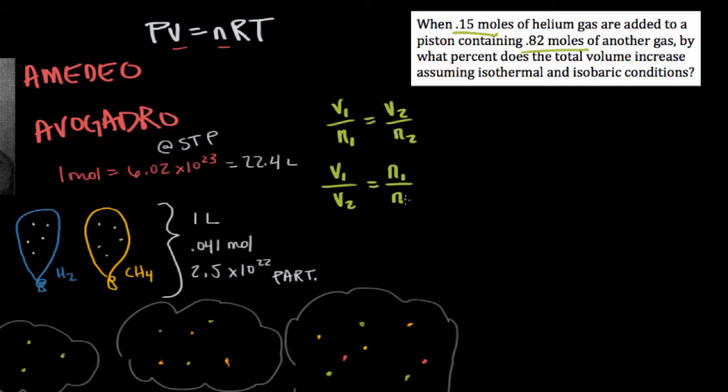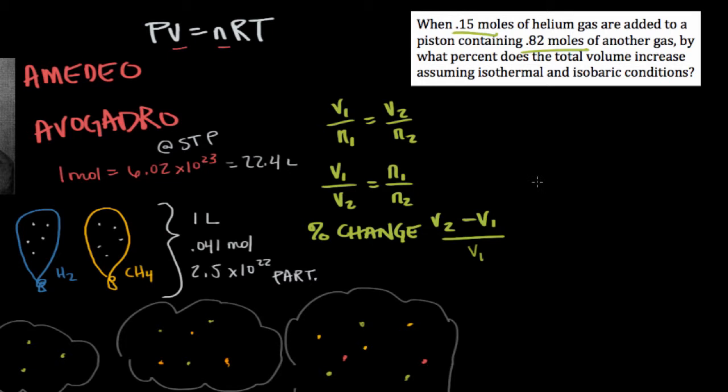And here we've got an interesting part that we can actually start using to solve this problem, because what we see is that the increase in volume is directly proportional to the increase in moles. So for that reason, the percent change in volume looks like the final volume minus the initial volume divided by the initial volume.